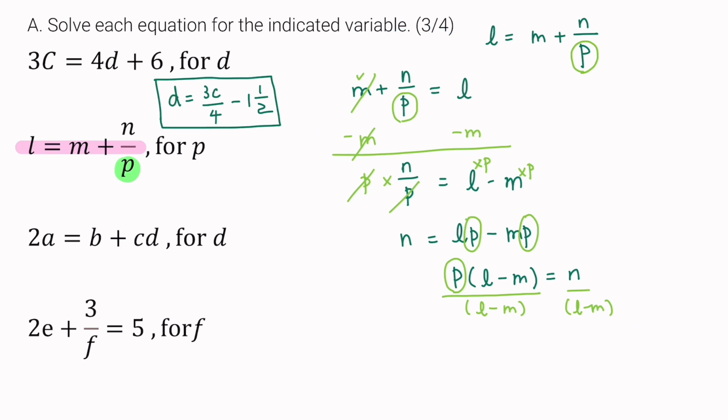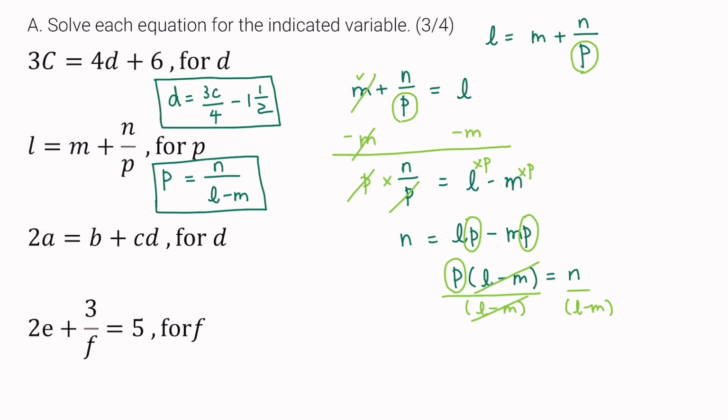That way we can get rid of this whole thing from the left side of the equation and finally completely isolate the p variable on the left side. And on the right, we have what? We have n over L minus m. And that is our neat little final answer for this second question on this page.